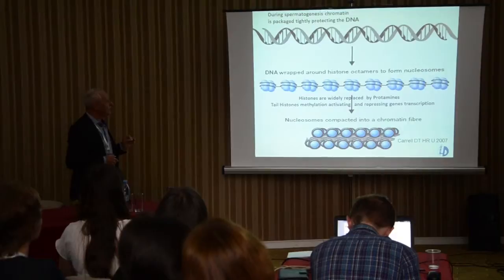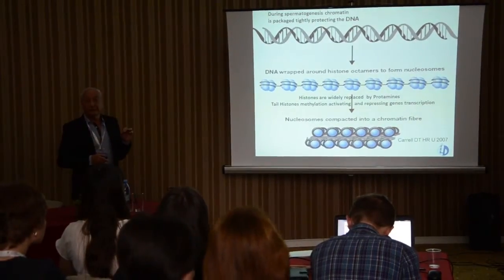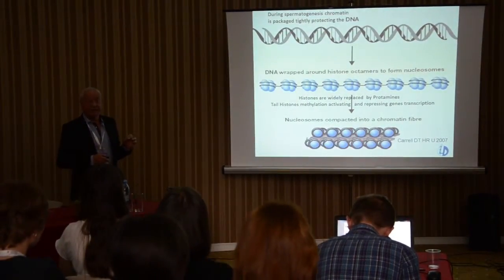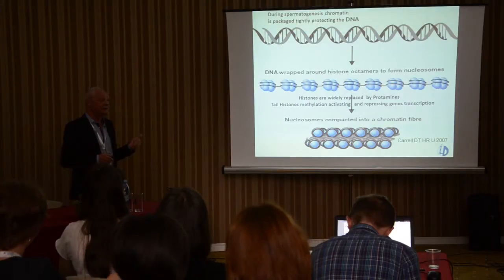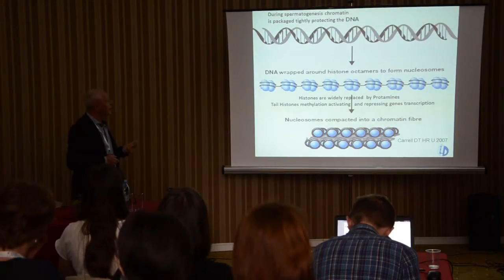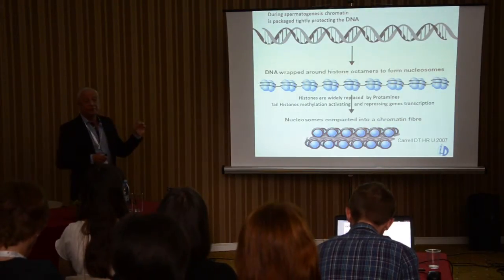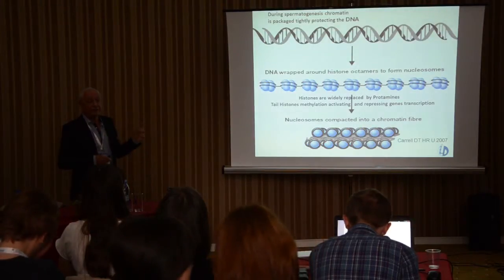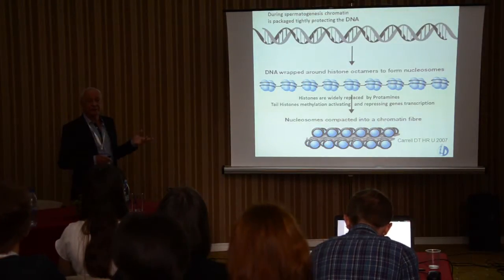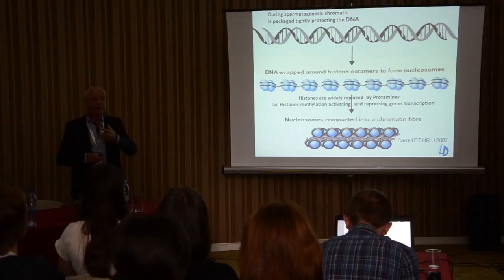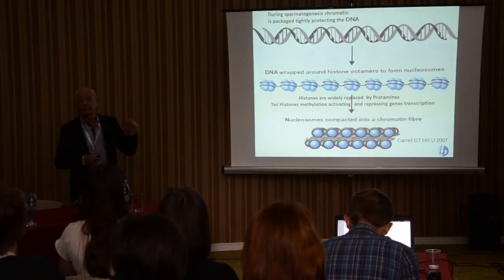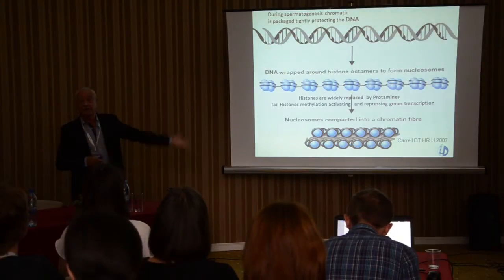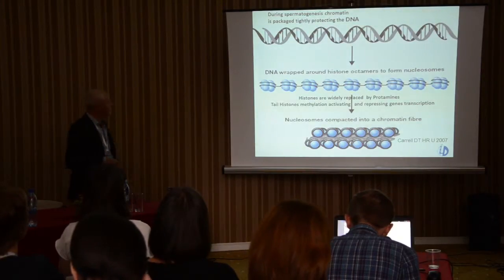And during all this time, many abnormalities can occur. You can get abnormality on the chromosome, abnormality on the DNA, and if you don't have the good ratio between histone and protamine, also abnormality on the sperm. And the problem when you are working in the lab and you are choosing one sperm to inject is that there is a consequence on the children, on the offspring that you get.